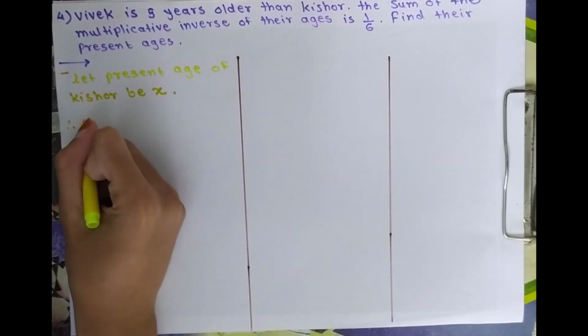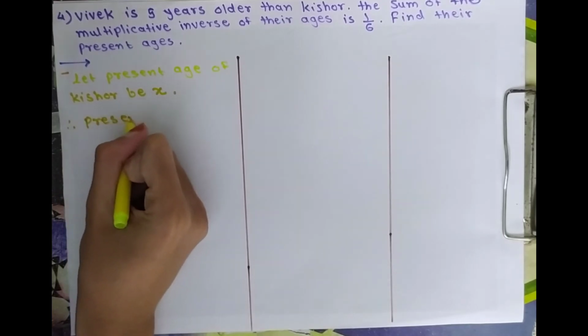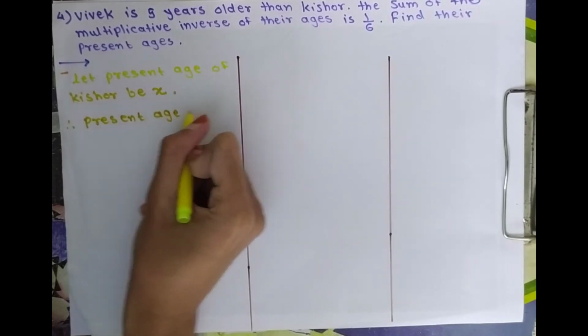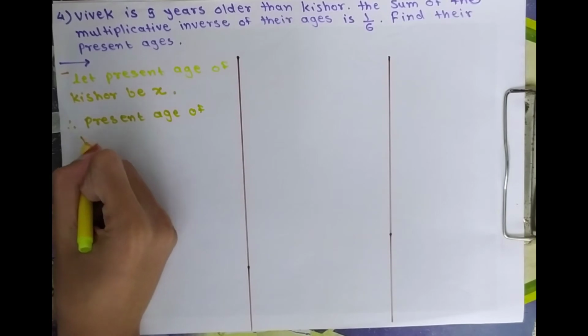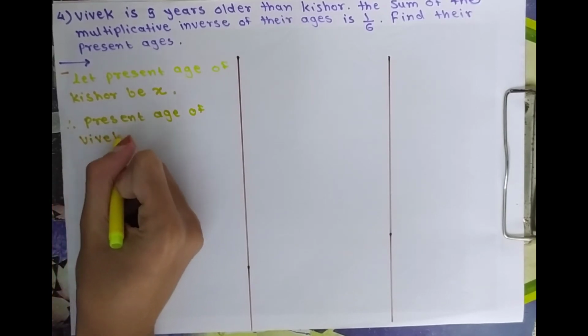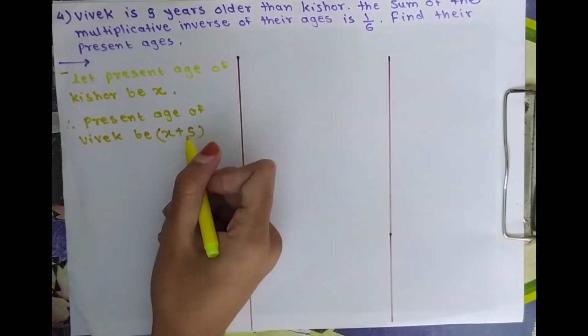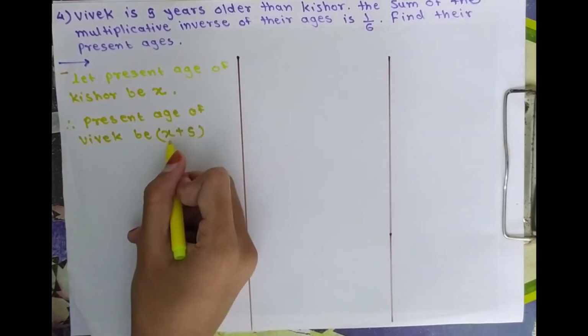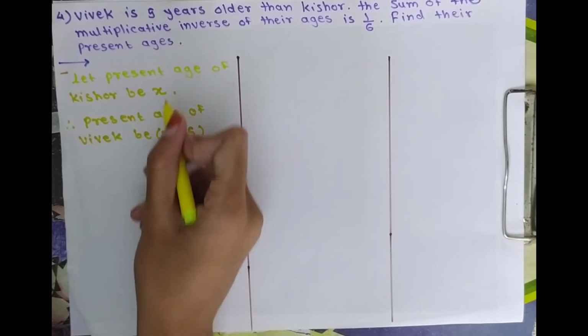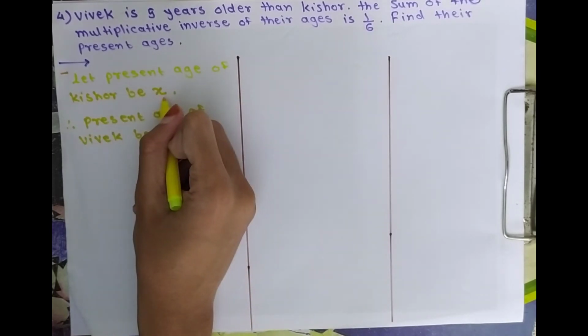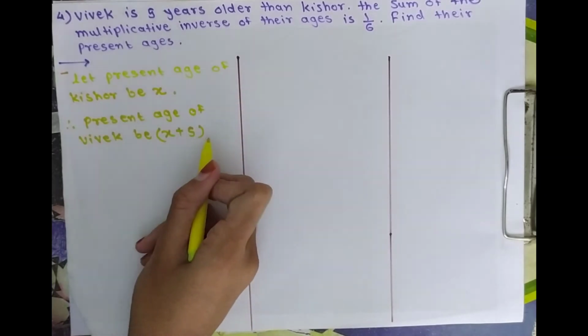Therefore, the present age of Vivek is x plus 5. 5 years older means 5 years bigger than Kishore. Therefore, Kishore's age is x, then Vivek's age is x plus 5.